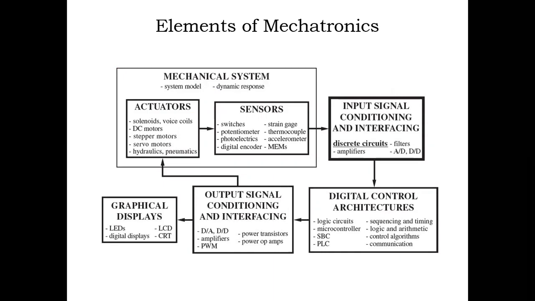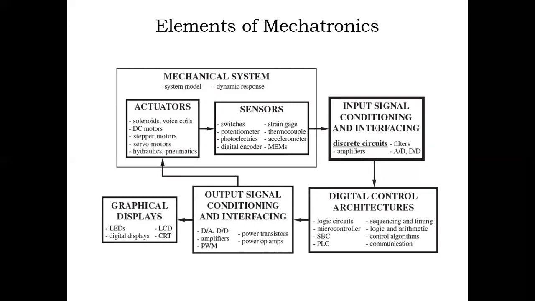Mechatronics has, as we already know, electronics, mechanical, software engineering, and control system engineering. First we need to know what is a mechanical system. A mechanical system consists of a system model and dynamic response. It is built from mechanical elements like actuators and sensors.